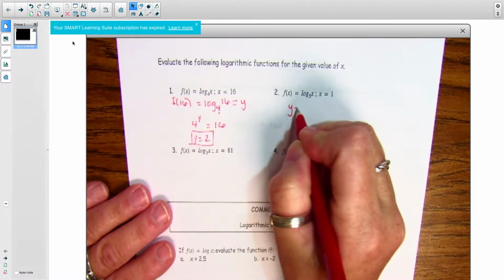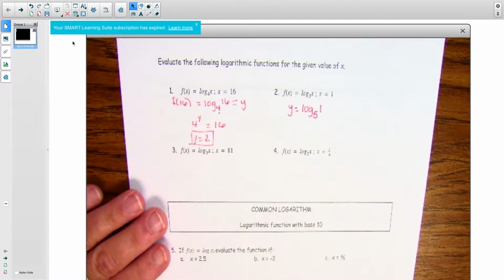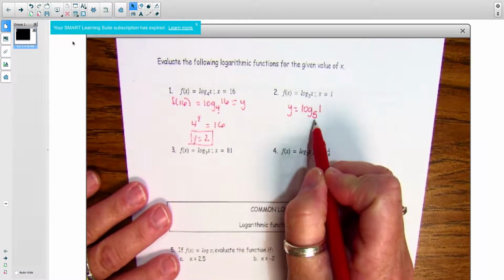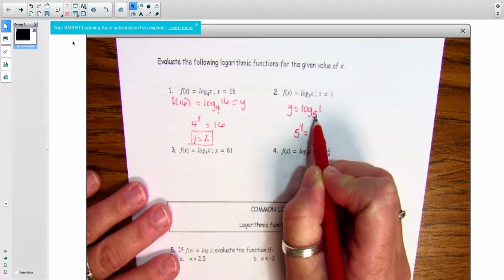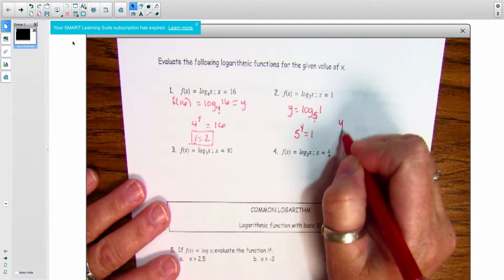So what's the y value when x is 1? So 5 raised to what power? 5 to this power equals 1. 0.